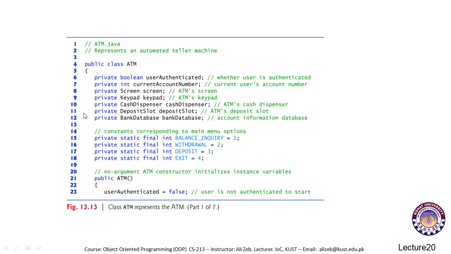So 1 should always be used for balance inquiry, 2 should always be used for withdrawal, 3 should always be used for deposit, and 4 should always be used for exiting the system. To make sure these do not change, we make these variables constants by using the final keyword, and we also make them static.